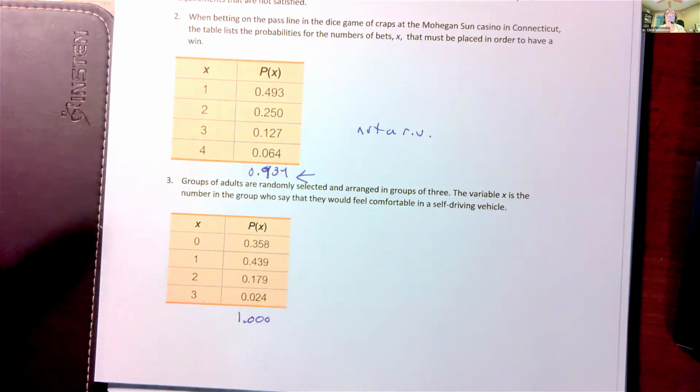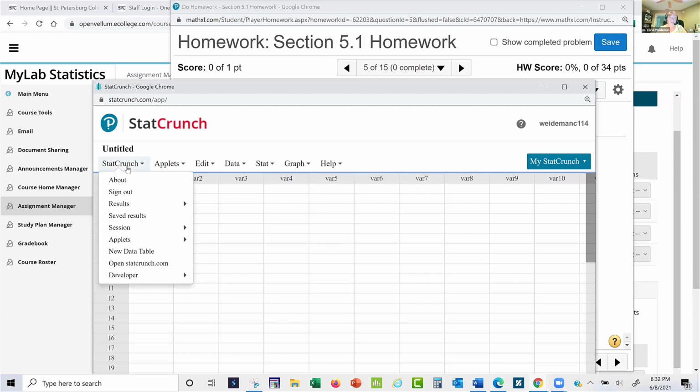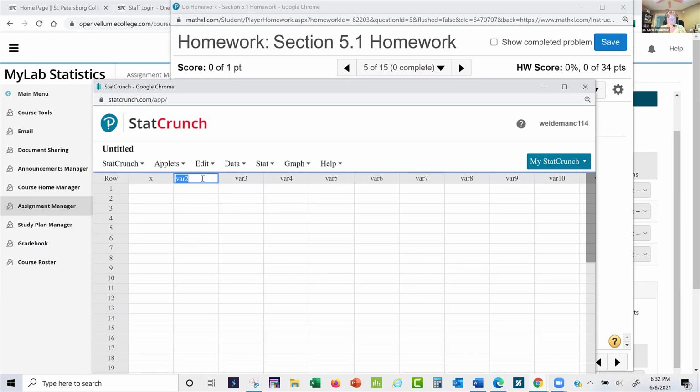All right, let me go back over. I always like to label stuff so it doesn't get confusing. So I'm going to put in the X values from the problem we were just looking at and then put in the probabilities. The one we just did, the self-driving cars, had 0, 1, 2, and 3.